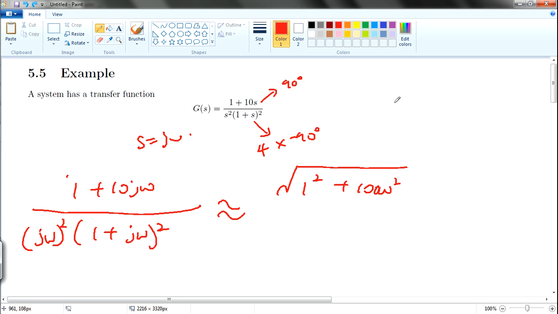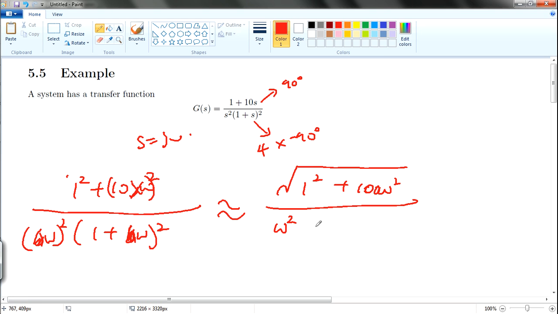So I repeat again. This is the one big concept: no need to square the j. So therefore, I have 1 squared plus 10 omega squared, which is 100 omega squared. Then divided by, so I don't need to care about j anymore. If you're talking about magnitude, don't care about the j.